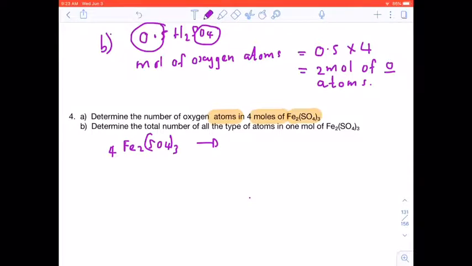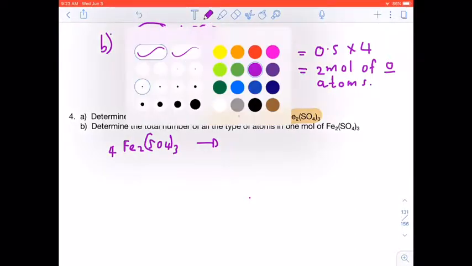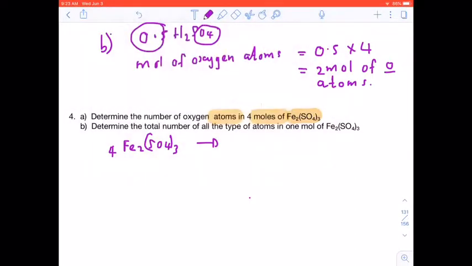Okay, let's just change this. Instead of saying 4 moles, we will change that to 1 mole, okay?